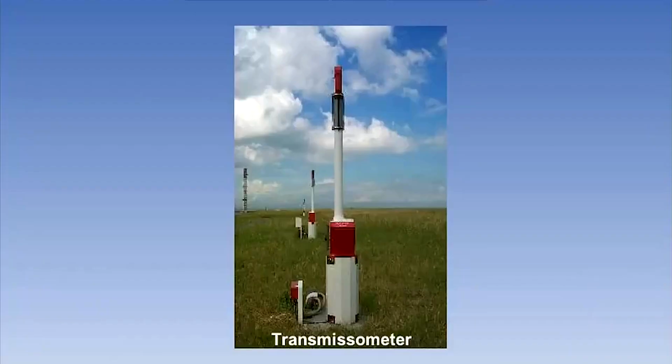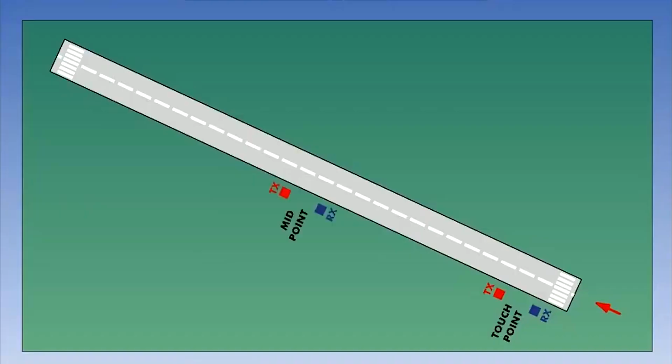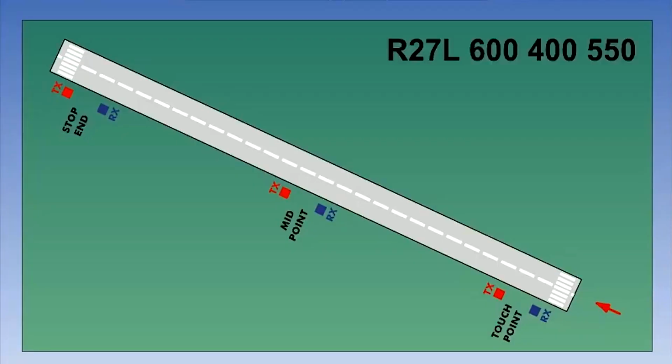We mentioned earlier how the visibility can be measured using a transmissometer. We can use a system in which 3 transmissometers are placed alongside the runway to obtain an IRVR or instrumented runway visual range. Readings are then given to air traffic control, one for the touchdown point, one for the midpoint, and finally one for the stop end, and reported in that order.